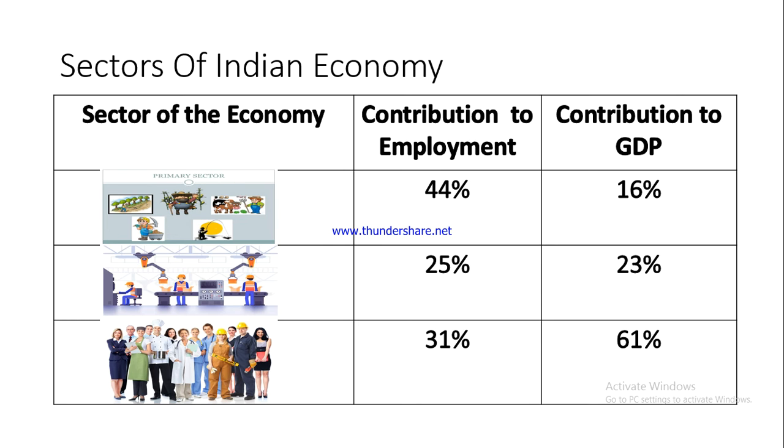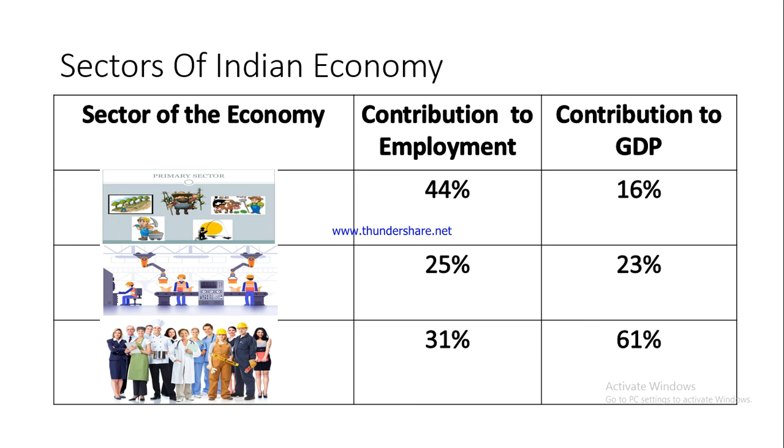They are generated by the primary sector, while the manufacturing sector only generates 25% of the jobs in the economy, only 1/4 of the jobs, and the services sector generates around 31%, almost 1/3 of the jobs in the economy. So in terms of generation of jobs, you can understand that the primary sector plays a major role, followed by the services sector and the manufacturing sector.